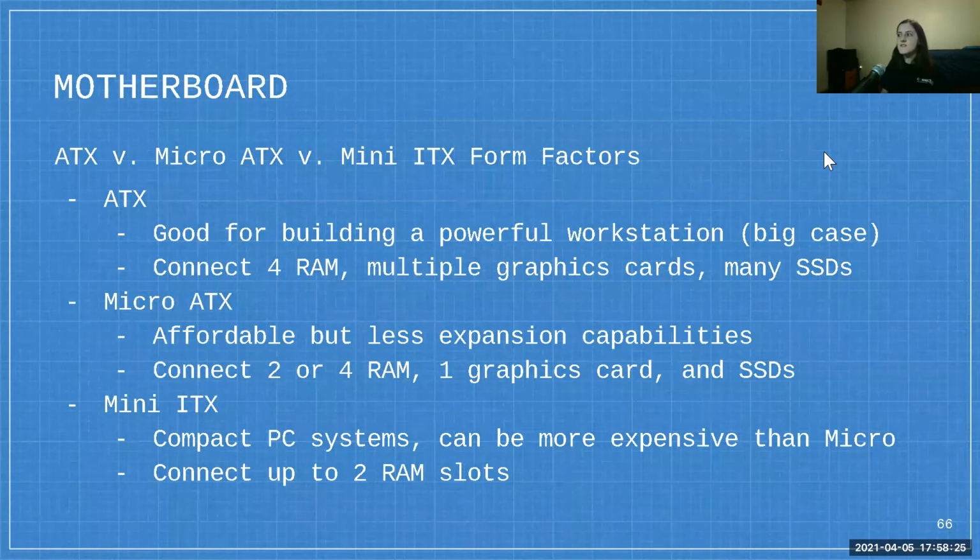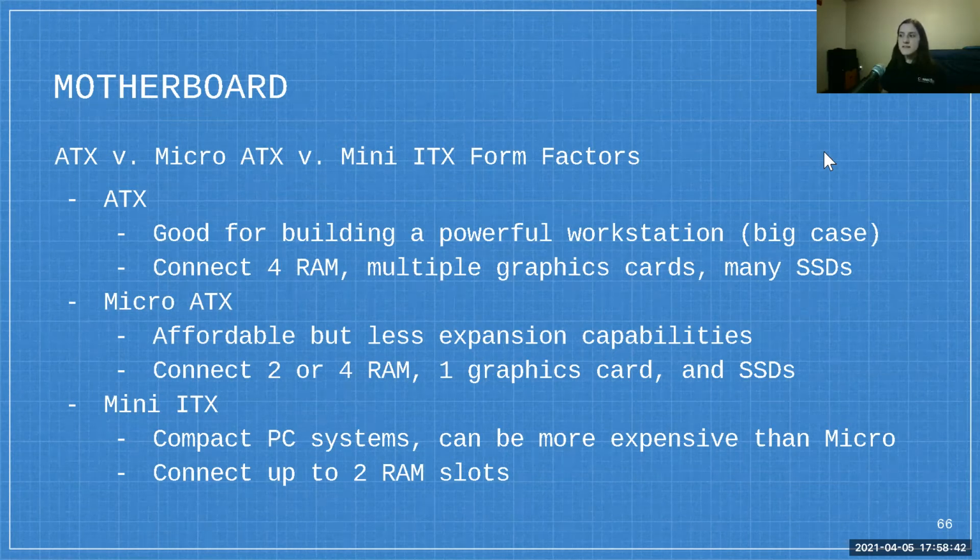So an ATX would be good for building a very powerful machine. You're going to need a big case because it's going to be like 12 inches by 9 inches. You can connect 4 slots of RAM, multiple graphics cards, and multiple solid state drives.